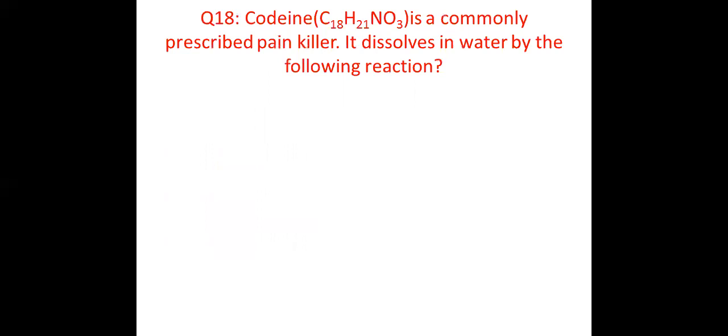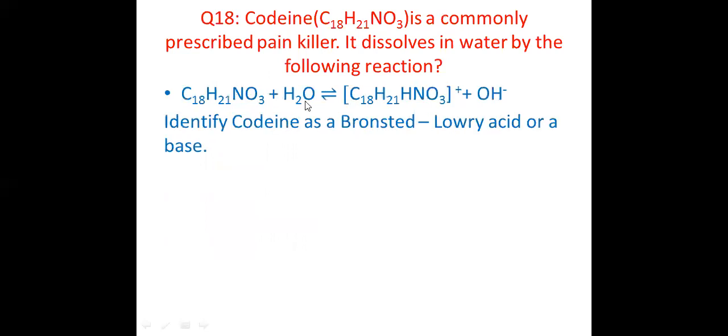Question number 18. Codeine is a commonly prescribed painkiller. It dissolves in water by the following reaction. Reaction is given. Codeine, when it reacts with water, will accept a proton to form codeine ion and hydroxyl ion, because water will donate a proton and codeine will accept that proton. So we have to identify whether codeine is a Bronsted Lowry acid or a base.